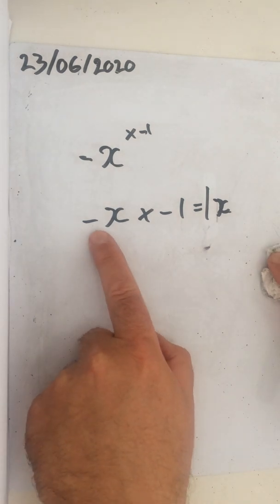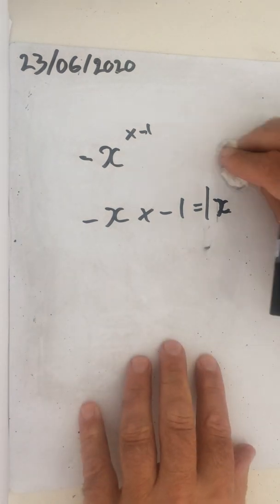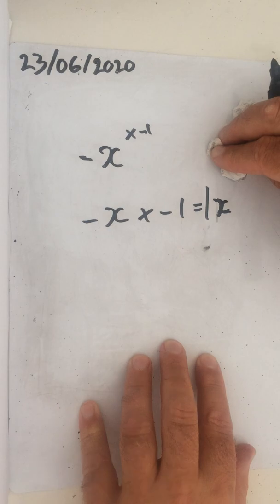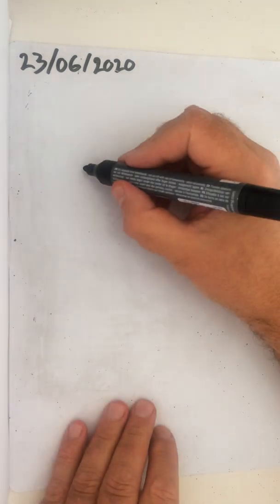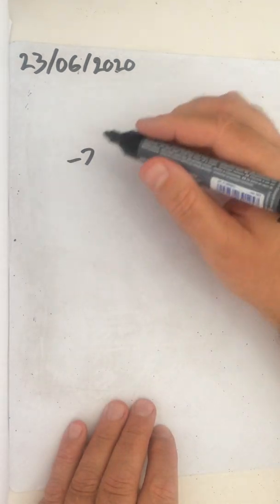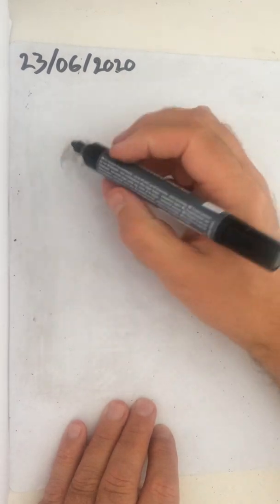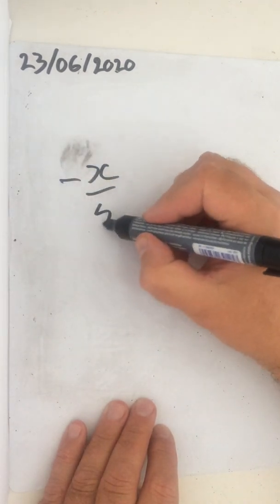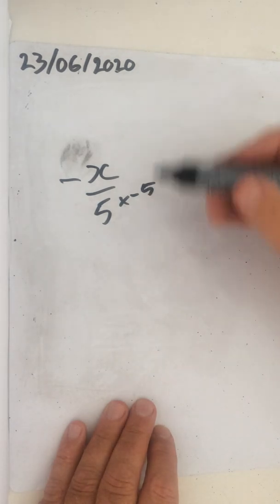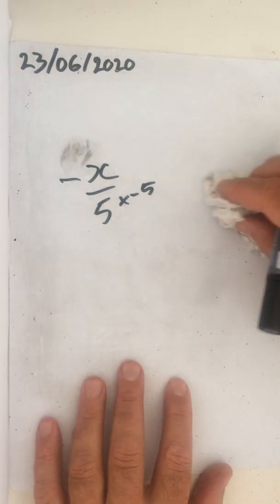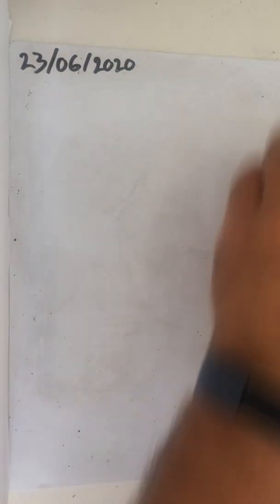Minus times a minus is a plus. We use that method too, and say we had minus x over 5, we would just multiply that by minus 5, when we're doing the balance method.